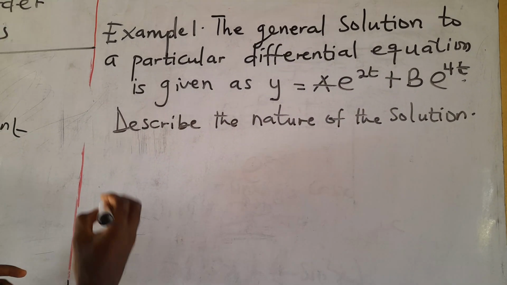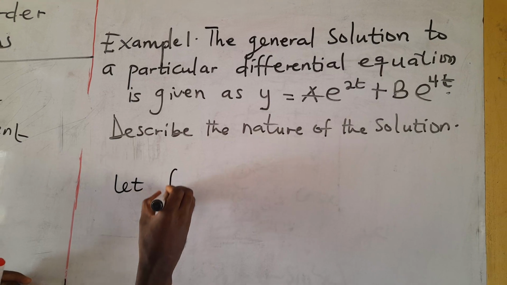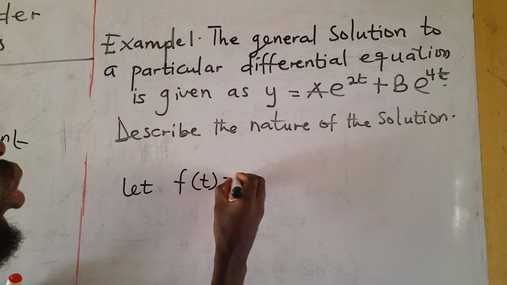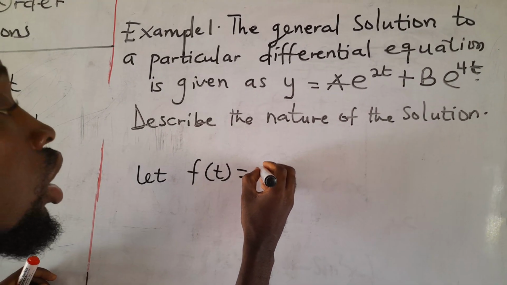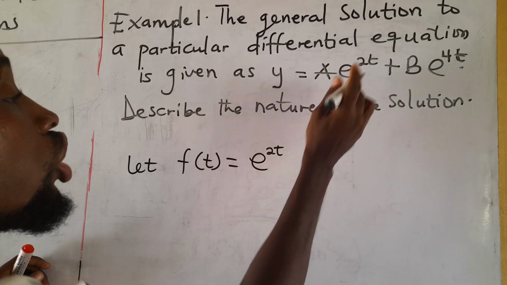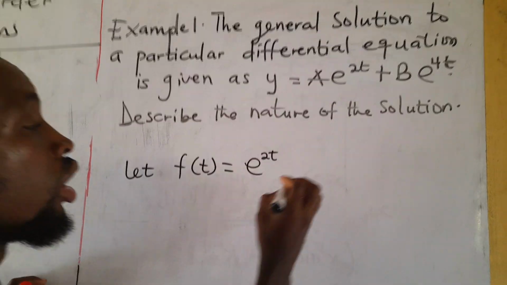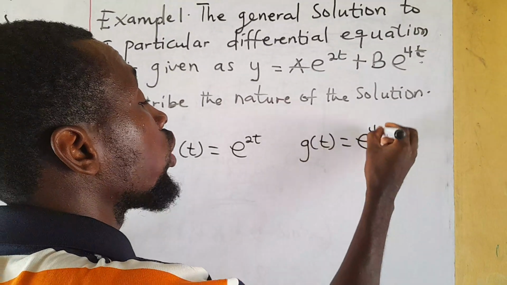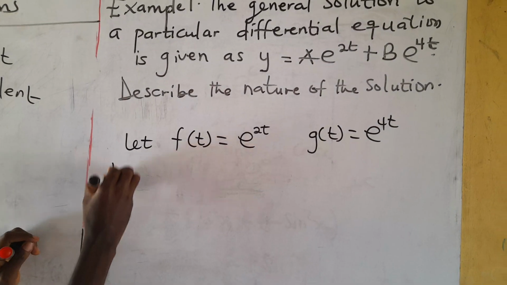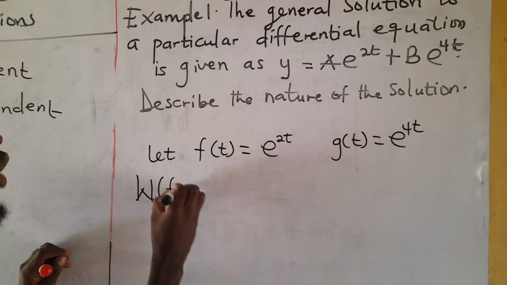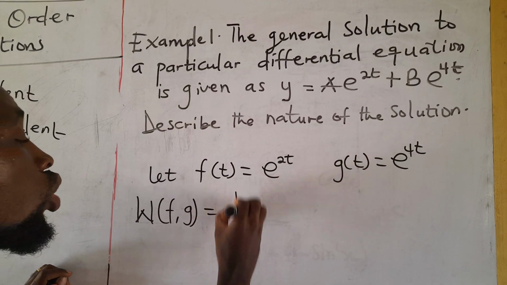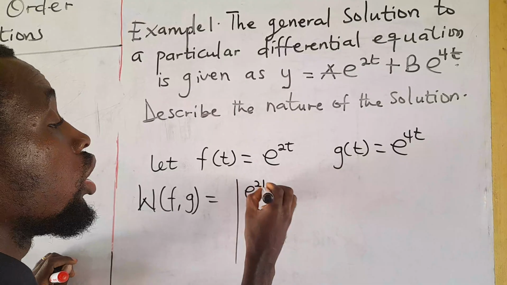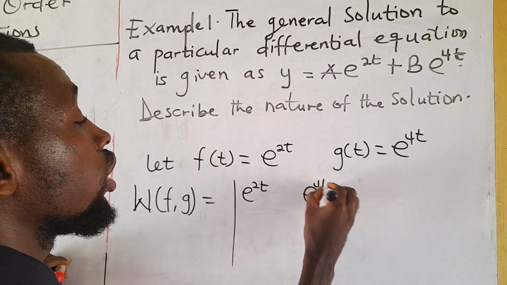We let f of t to be equal to e exponent 2t, just the function. We forget the constant. Then g of t to be equal to e exponent 4t. What do we do? We find the Wronskian of f and g. Remember, it to be equal to e exponent 2t, e exponent 4t.